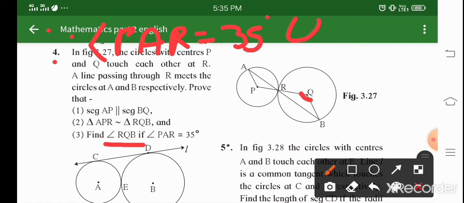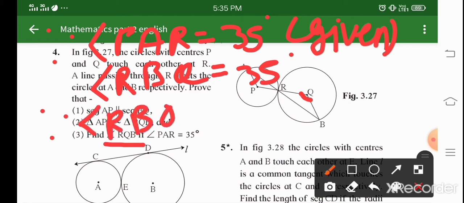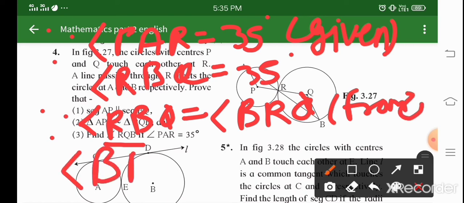This is given. If this is 35, then from the equation that we called equation number 4, the value of RBQ, which was equal to it, is also going to be 35 only. Since angle RBQ is equal to angle BRQ, this is from 2, right? So you can say that your angle BRQ is equal to 35. This is also 35.